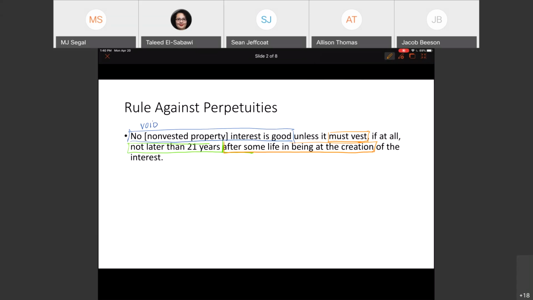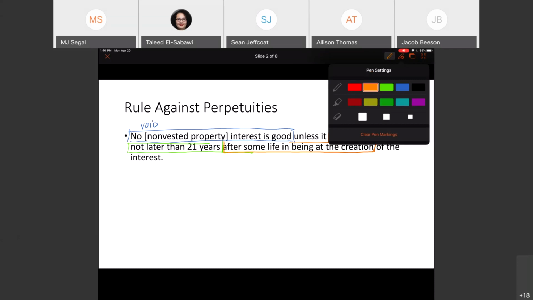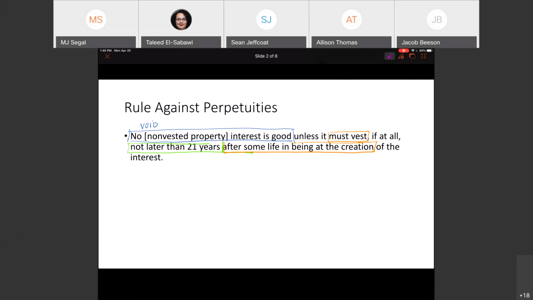Okay, so let's define these concepts. I think that would help. So this just means that the interest is void, right? If it violates the rule against perpetuities.